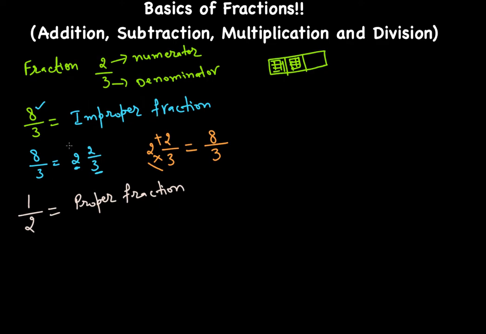We can write an improper fraction as a mixed number, where you get a whole number as well as a fraction. And you can change a mixed number into an improper fraction too: just multiply the denominator with the whole number and add the numerator. In this case, 3 times 2 is 6, plus the numerator is equal to 8 over 3.